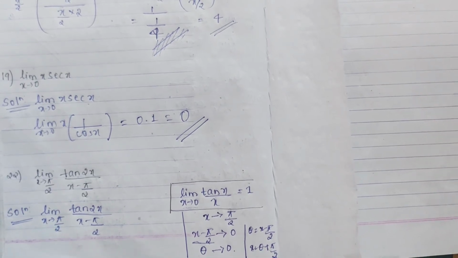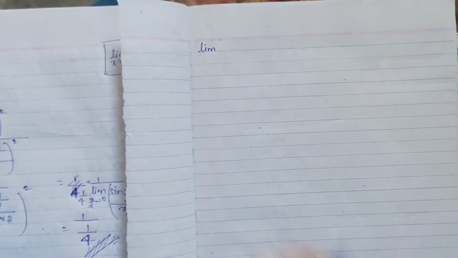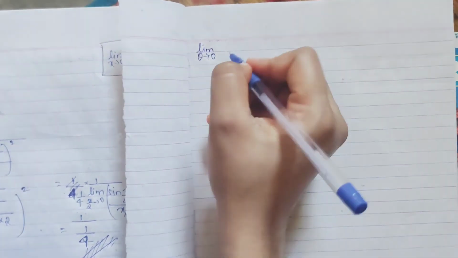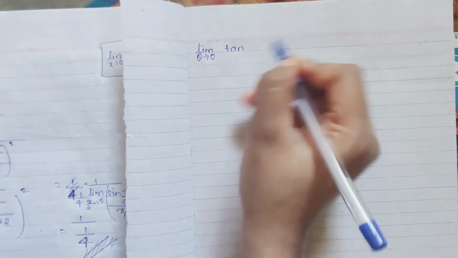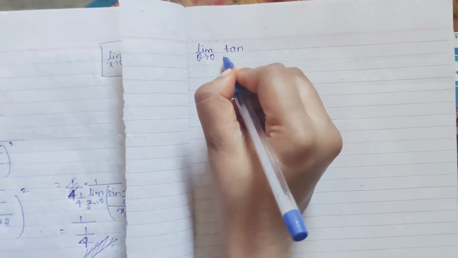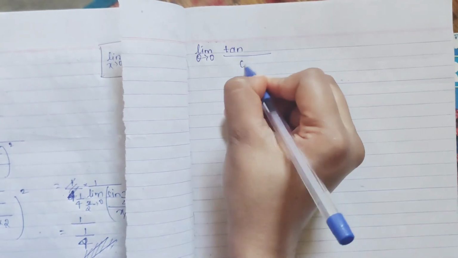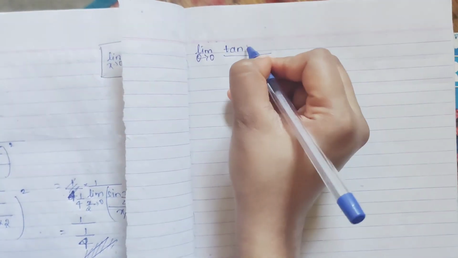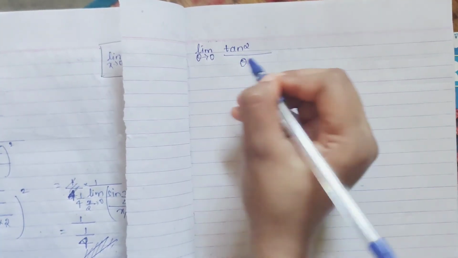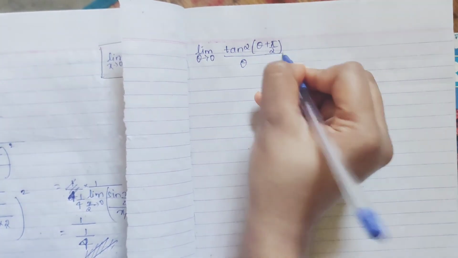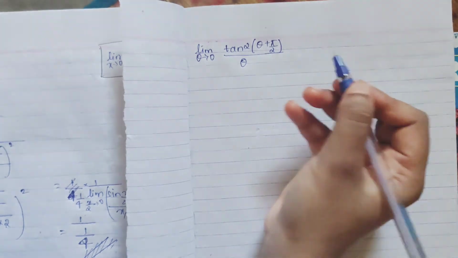So we'll put this in. First, limit theta tends to 0, and tan, keep it as it is, divided by theta, which was x minus pi by 2, so the denominator will also be theta. Now here you had 2x. We can replace x with theta plus pi by 2.